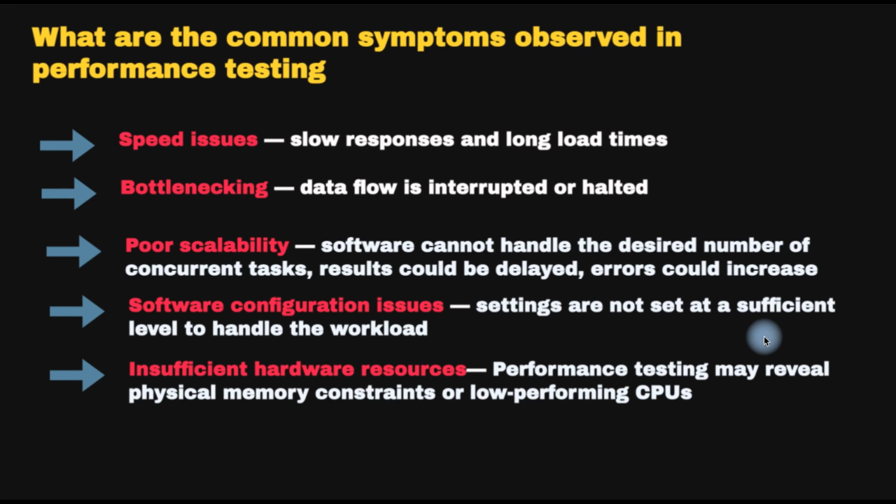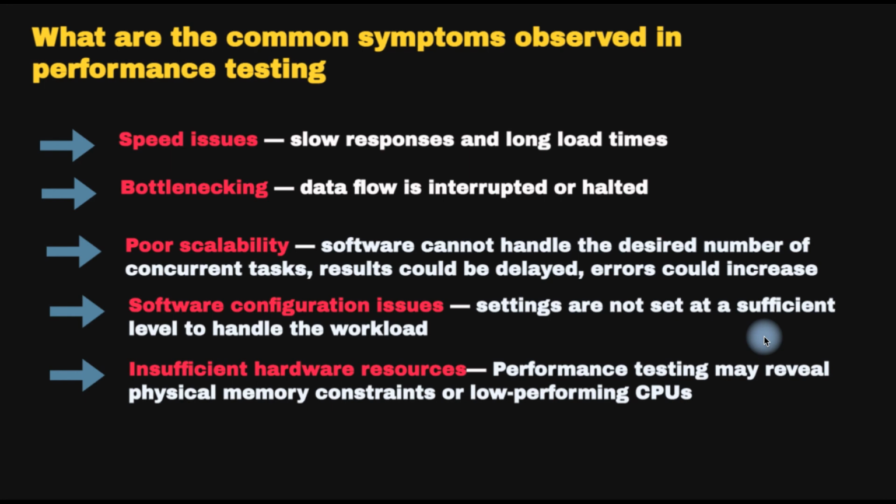The first one is the speed issue. It is very easy to find with the help of response time. It means a slow response and long load times. It is taking a lot of time to load, and the response for this particular request is very slow.